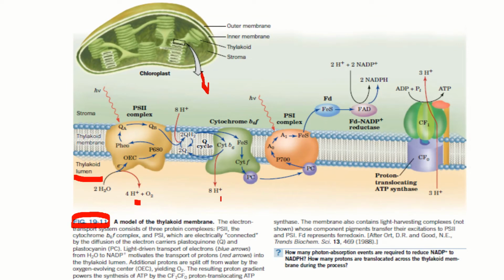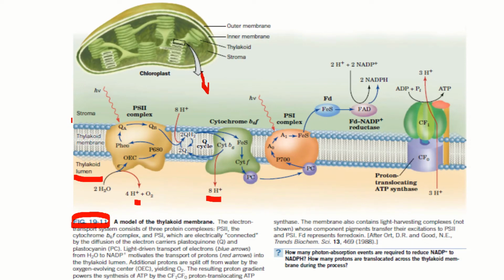So the thylakoid lumen is getting protons from two sources. Source 1 is the photolysis of water, the breakdown of water. Source 2 is being pumped by some of the electron carriers along the membrane. You can see it here. And the protons are being lost from the thylakoid lumen towards the stromal side of the chloroplast.